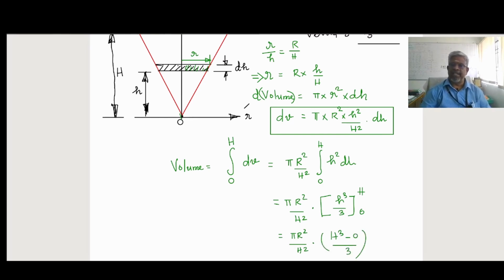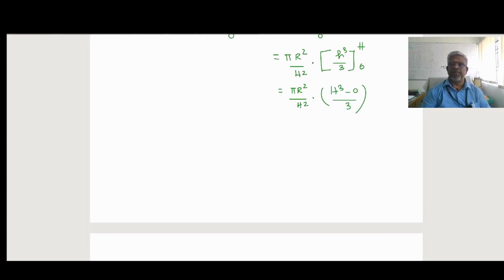Finally, simplified, my volume is equal to 1 by 3 pi R square H, as derived.